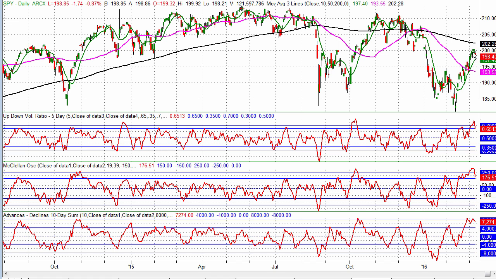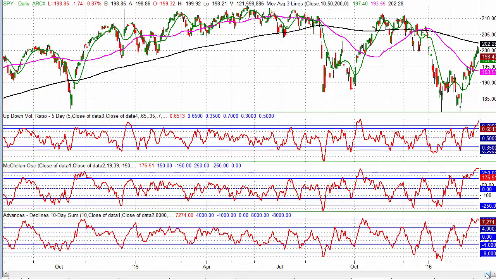If we don't get that, then just know that you've got this McClellan that's overbought, which can work its way off, work its way down lower without the market selling off. So that's a combination of price going down and the McClellan staying higher.